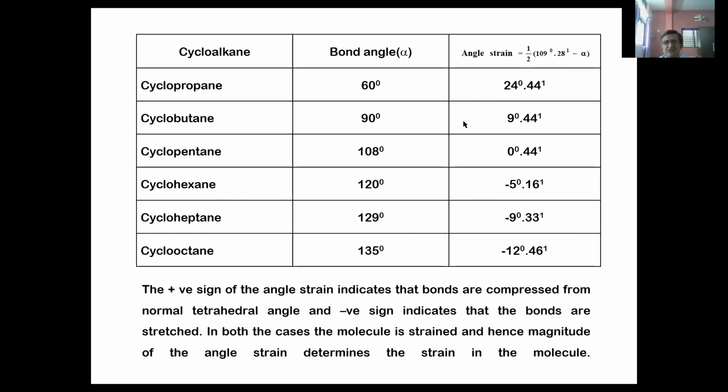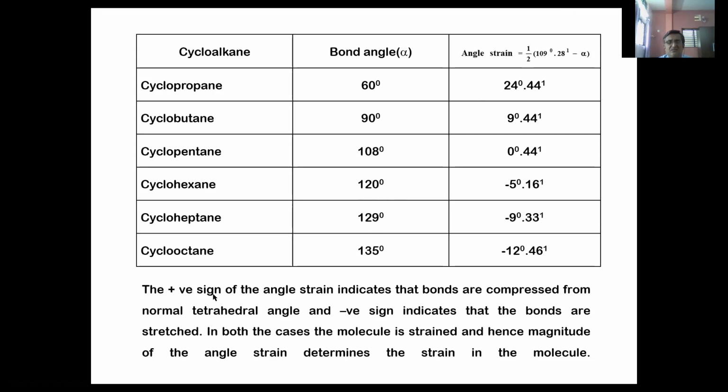Just compare. Here, the normal tetrahedral angle value is 109 degree 28 minutes. 60, 90, this is bond compression, even up to 108. However, when it goes to a greater ring size, you will find 120, 129. This is expansion of the bond.